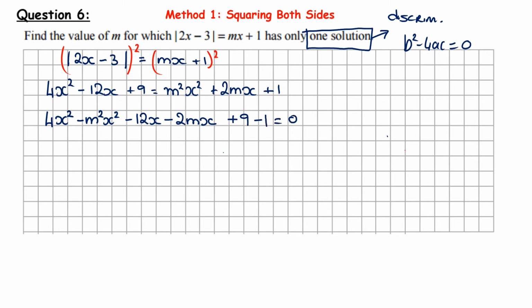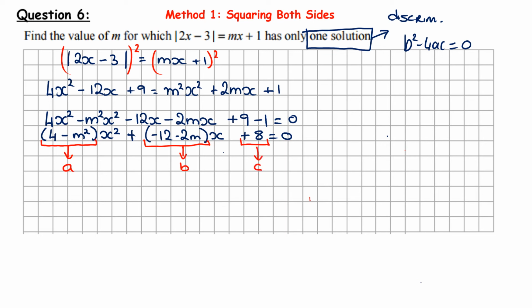So cleaning that up, I'm going to take the 4 minus m squared out in front of the x squared, I'm going to put a plus here, and minus 12 minus 2m times x plus 8 equals 0. So yes, it's a bit complicated. However, we have a quadratic where this represents our a, this represents our b, and this represents our c.